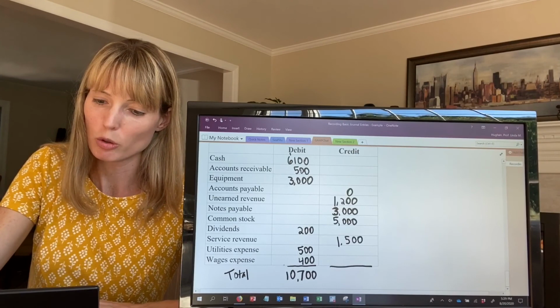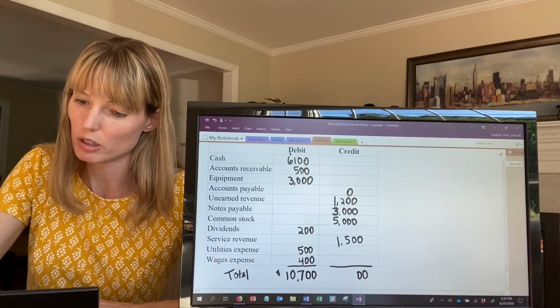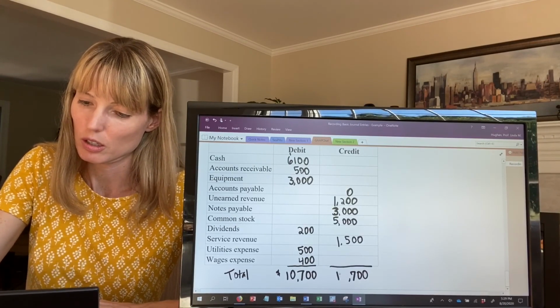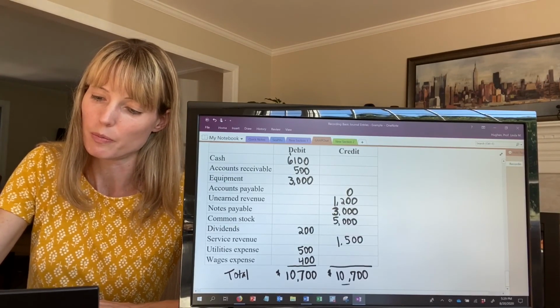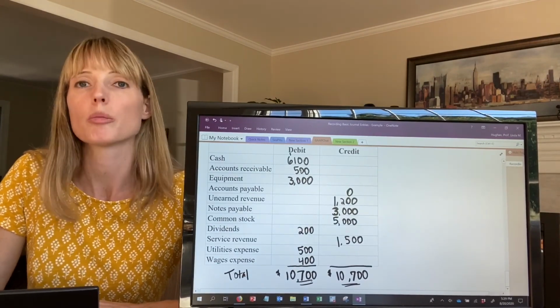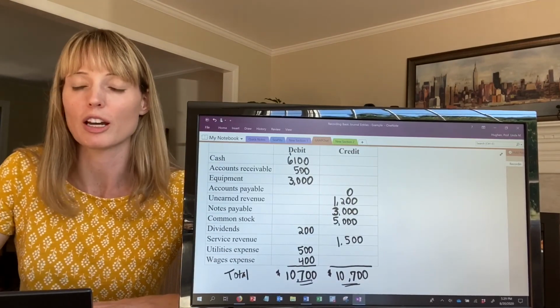All right, so my total debits is 10,700. Let's make sure that that is equal to our total credits. And it does equal. All our transactions have been recorded, posted to their ledger accounts, and a trial balance has been updated with those account balances.